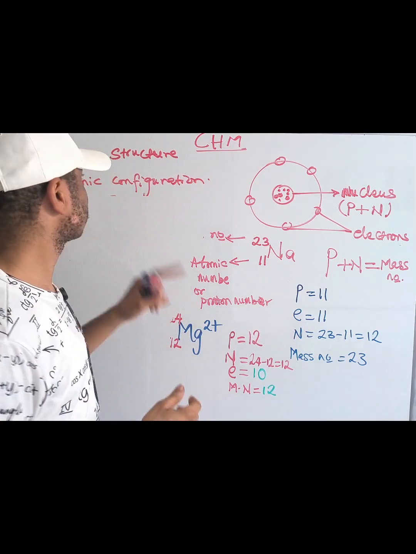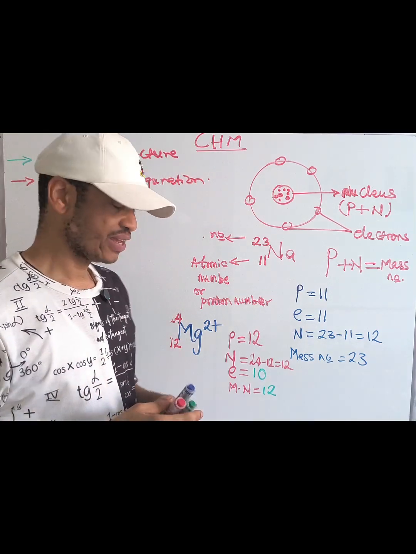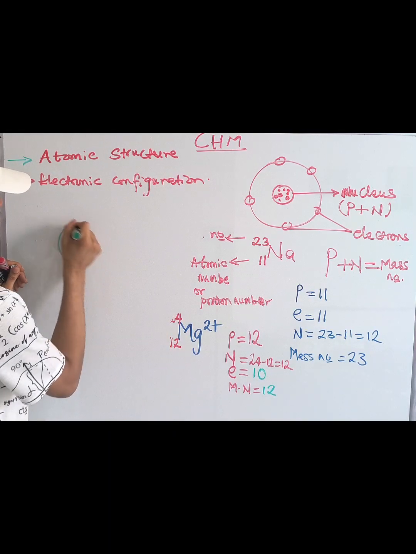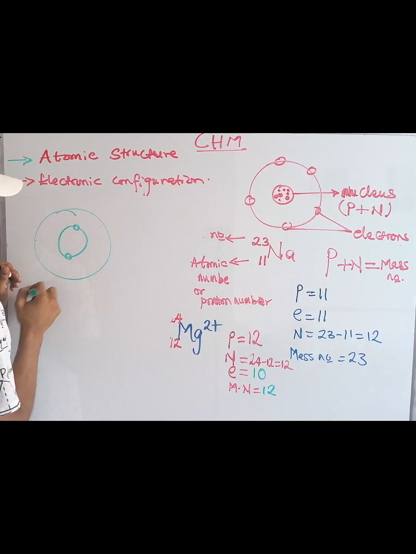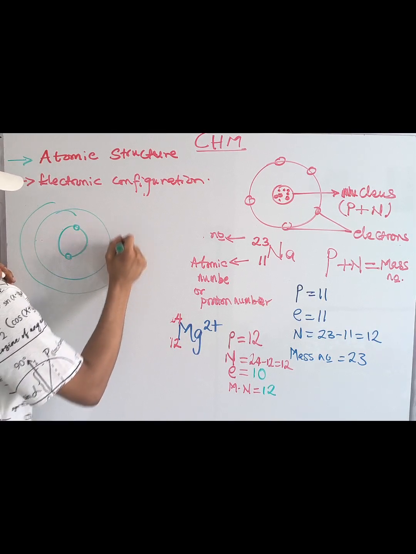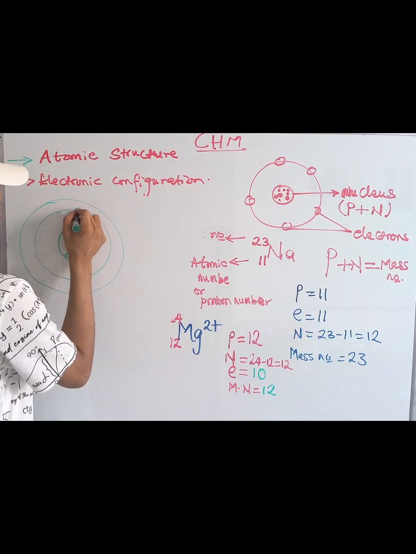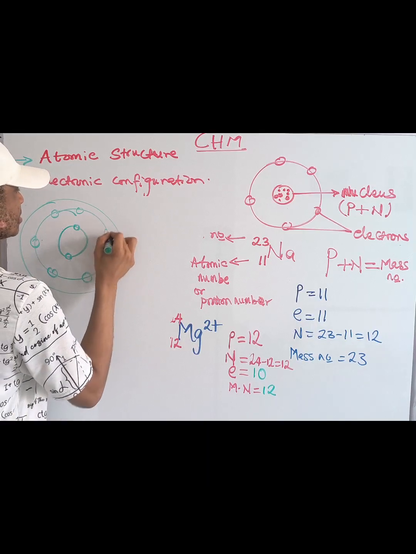Now, how can we draw electronic configuration? Okay? At basic level again, the first shell, so I believe you must have seen this. The first shell always takes 2. Any other one takes 8. Okay? Again, at the basic level. So it depends on the element you're dealing with.